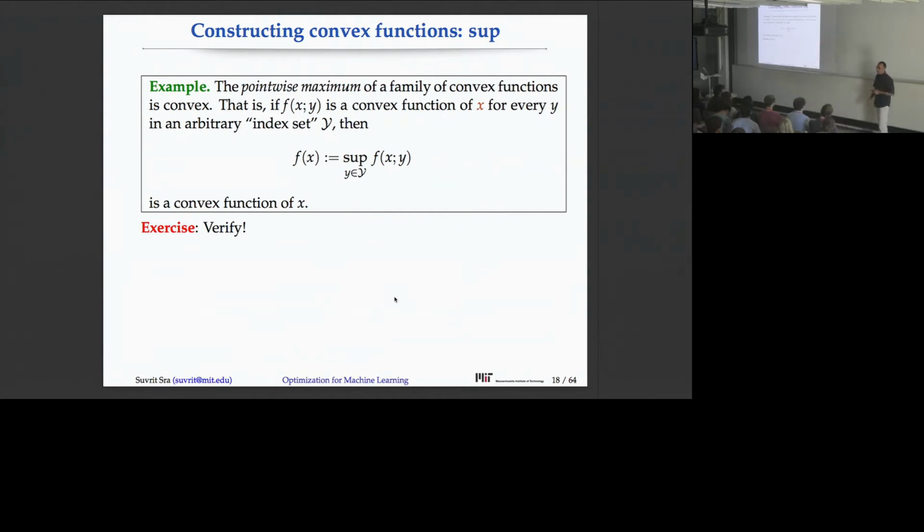In high dimensions and in other settings, sometimes those pictures can be misleading. This is a fairly easy thing to verify, and you can convince yourself that it's basically because of that maximum in there that stuff will work out. But it's a very important thing to verify. And I'll show you later examples of constructing convex functions according to this definition. Very cool way of making new convex functions out of old ones.